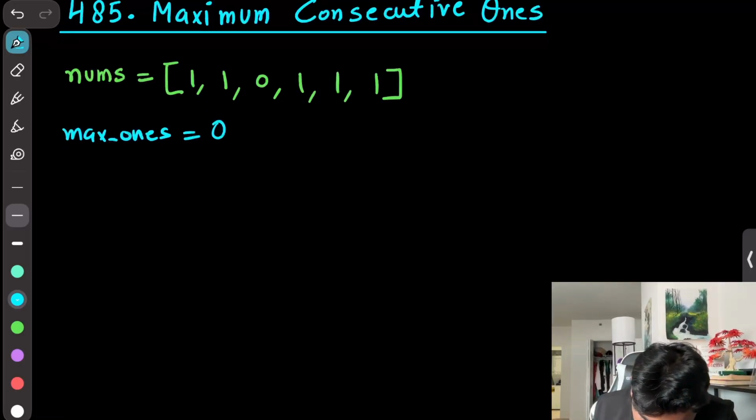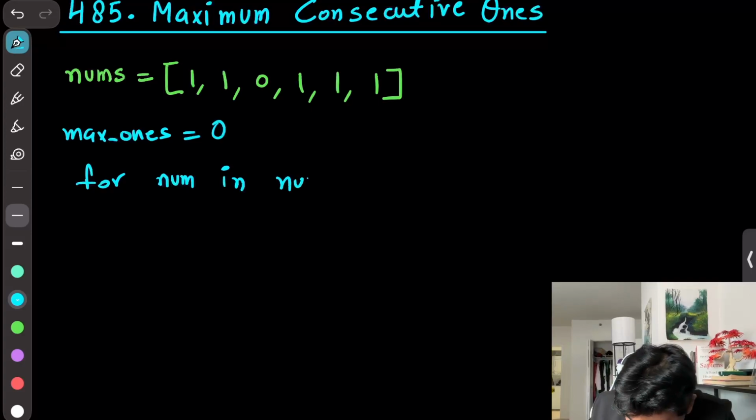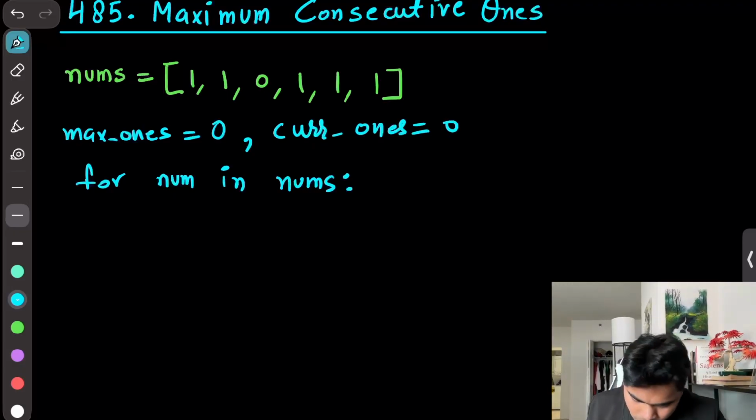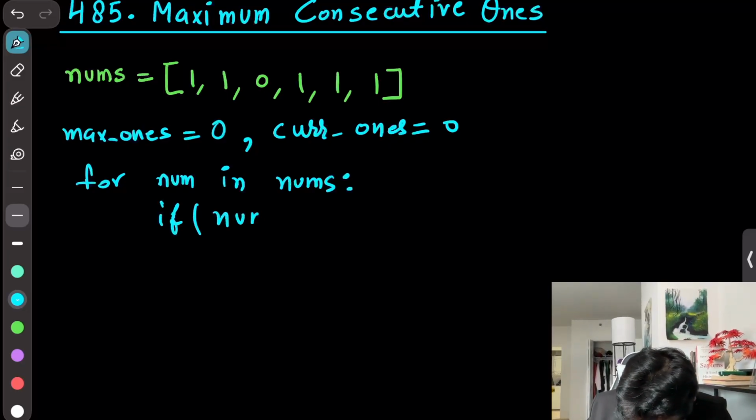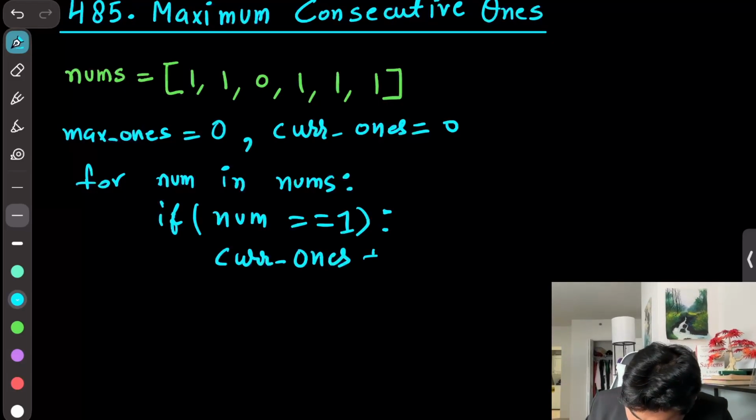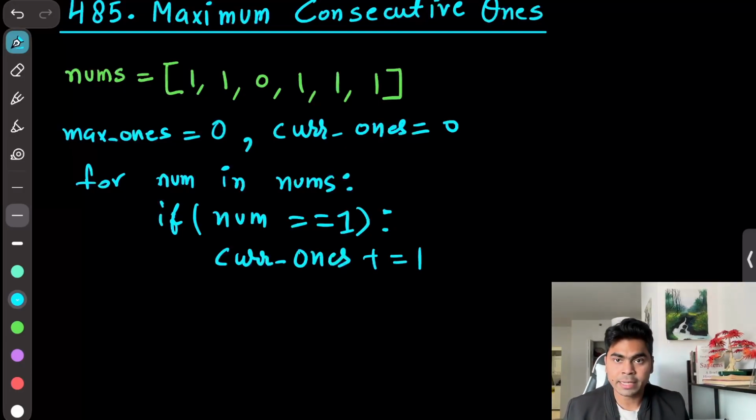Then you iterate over your array, for num in nums, and at the same time you maintain another variable called cur ones, which is also going to be 0. If this number equals 1, then you keep incrementing cur ones by 1.